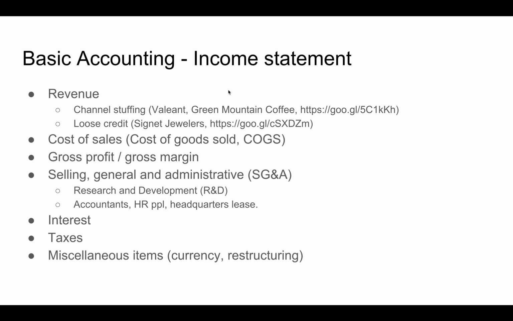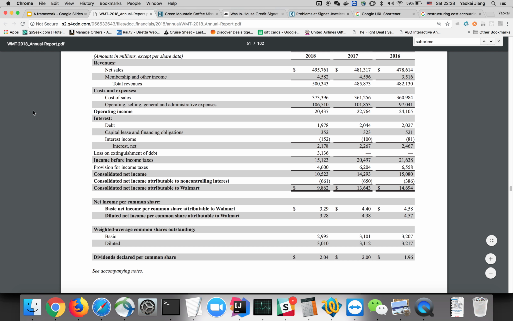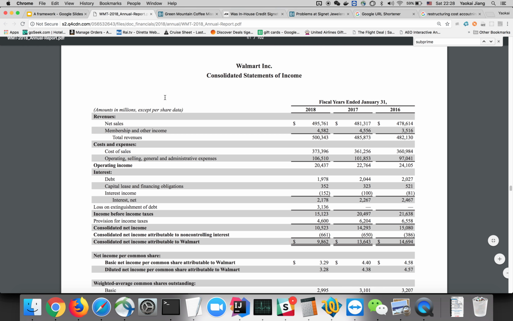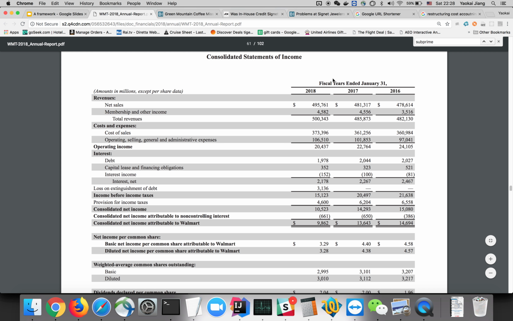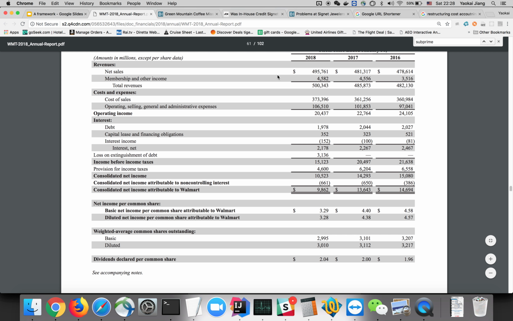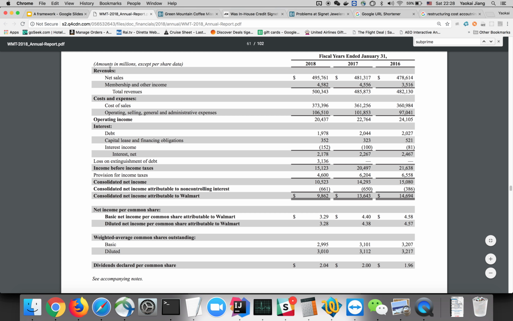So let's first look at the income statement here. Here you've got Walmart's consolidated statements of income, they call it. You can see you've got the revenue, total revenue, and then there's cost of sales, and then you have operating costs, also known as SG&A.